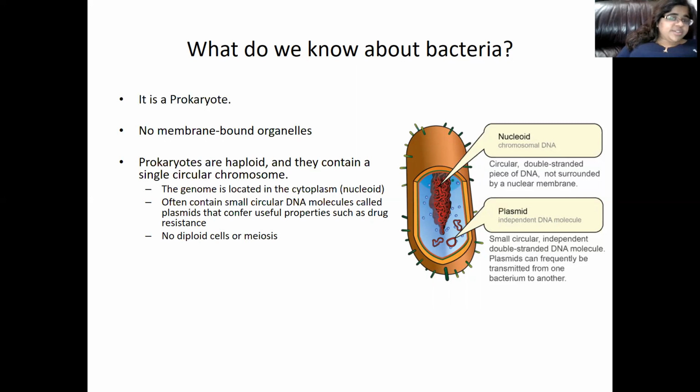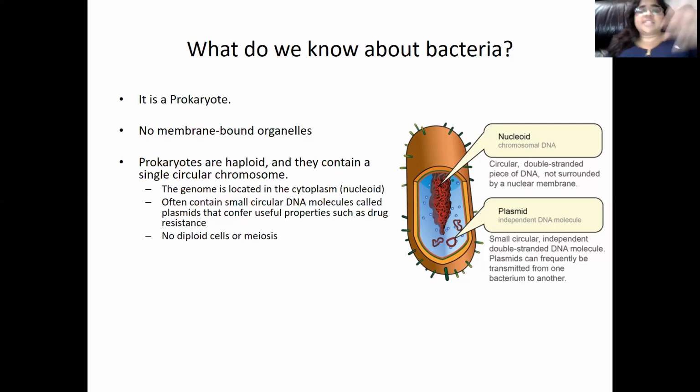Bacteria, as we know, are haploid. There are no diploid versions of them like fungi. Fungi can change between diploid and haploid depending on the circumstance.